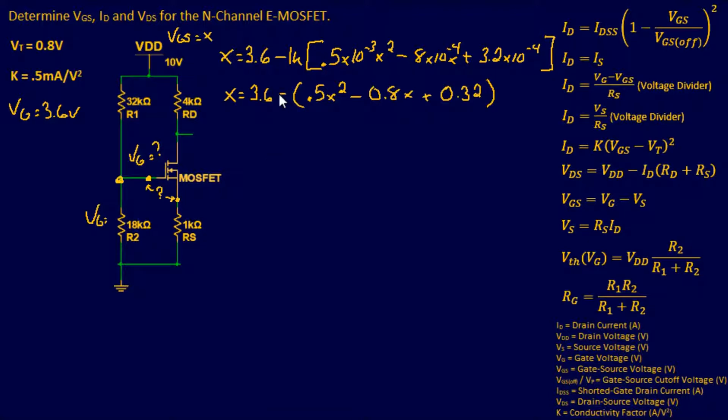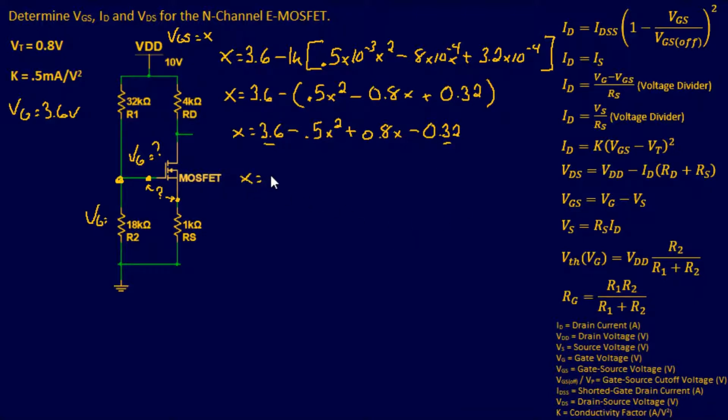Now what I need to do is get rid of this pesky minus sign right here. So x equals 3.6. I'm going to do minus times 0.5x squared is going to be negative 0.5x squared. Negative times a negative equals a positive, so positive 0.8x. And then negative times a positive is going to be minus 0.32. Now I can actually add the 3.6 with the 0.32 over here.